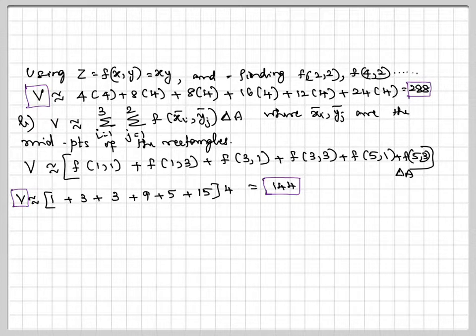In case part of the surface is below and part of the surface is above, then we have to do V1 minus V2, where V1 denotes the volume under the surface above the domain, and V2 is the volume above the surface below the domain. We subtract these two, which is called the net volume.